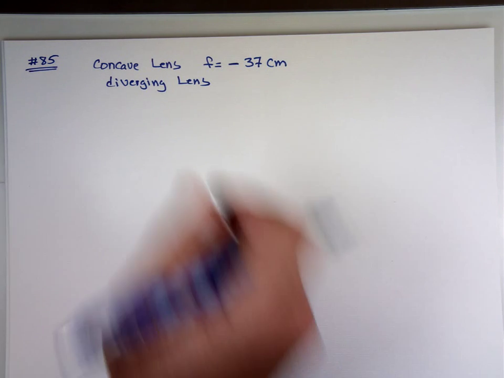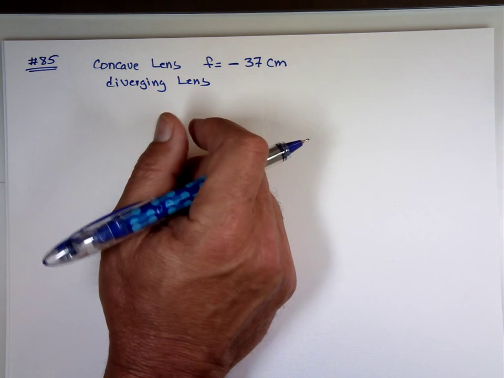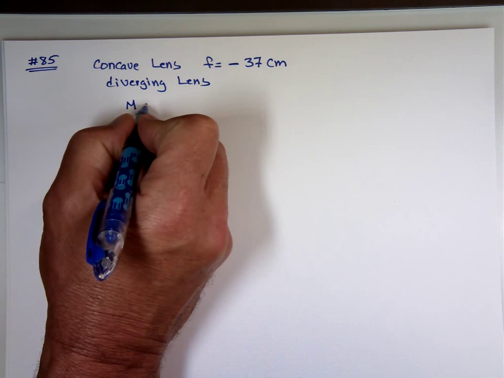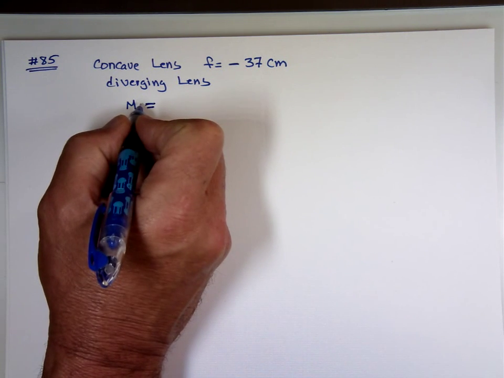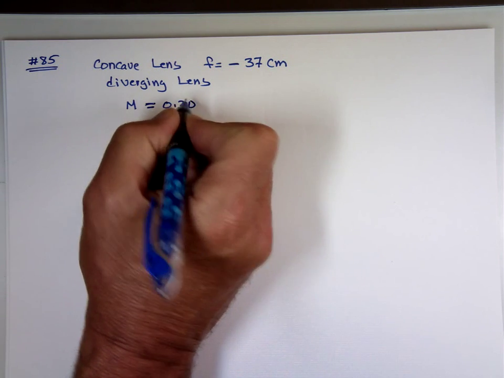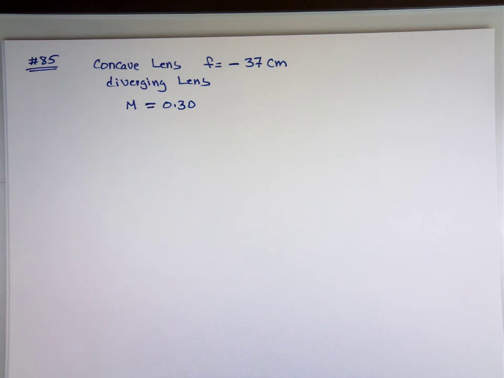The magnification, m, equals 0.30. And it says positive here. Just take a quick look at it to see if it makes sense to be positive.